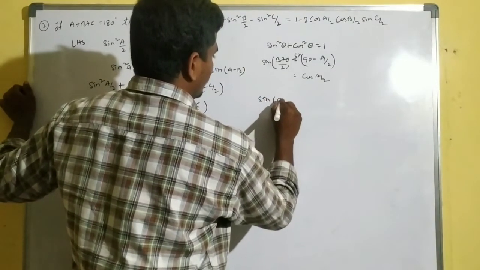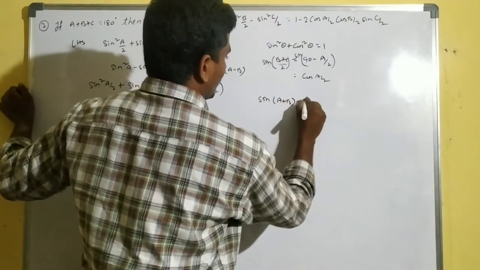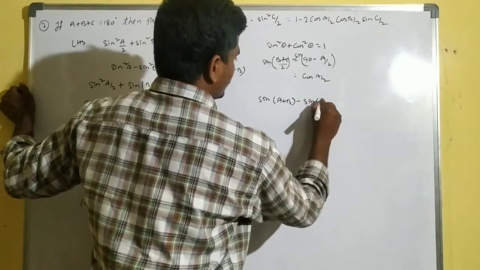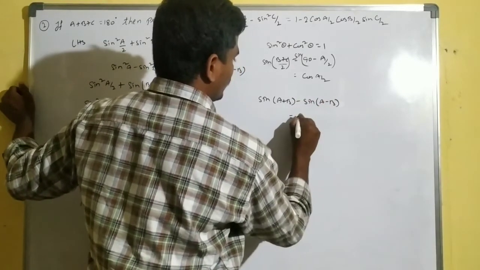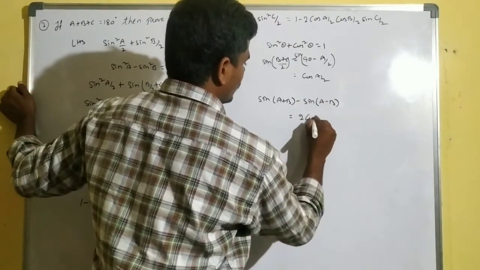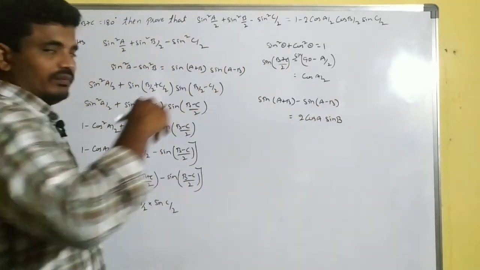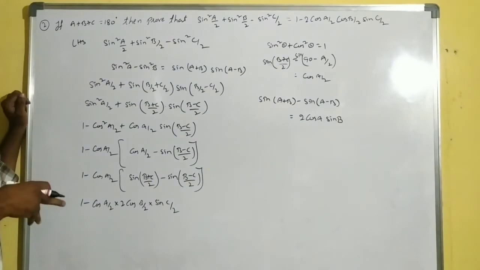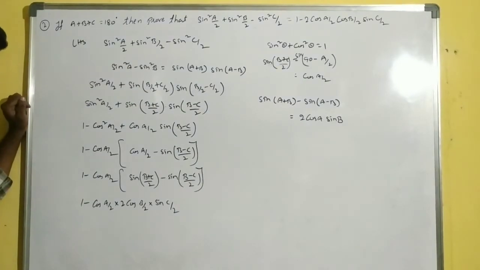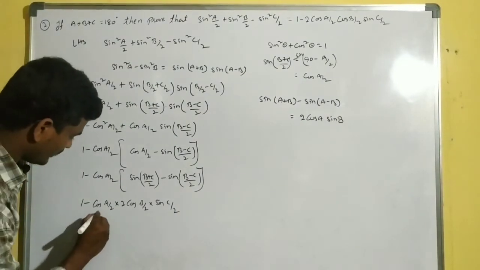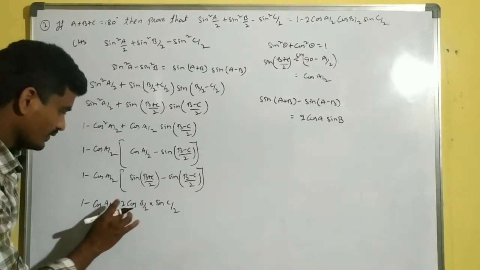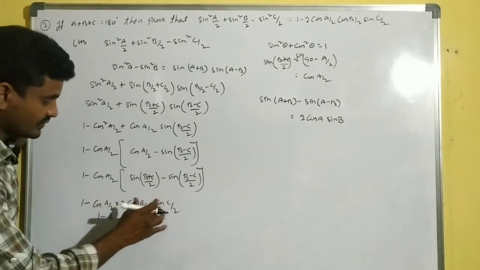Sin a plus b minus sin a minus b equals 2 cos a sin b form. That formula we have used here. When I write in order, finally I will get 1 minus 2 cos a by 2 cos b by 2 sin c by 2.